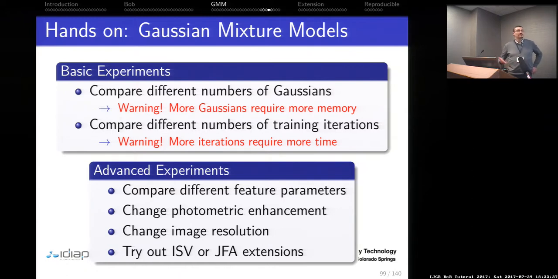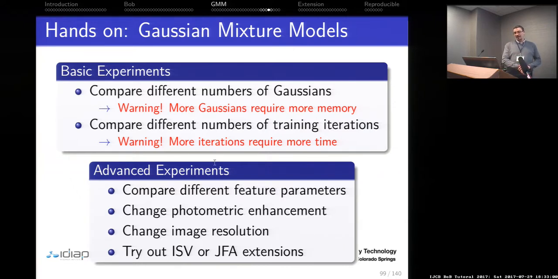And there are some basic experiments that I want you to do to play a little bit with the parameters. You compare a different number of Gaussians, and you compare different numbers of training iterations. With the warning that the more Gaussians you use, the more memory is required, and the more training iterations you use, the more time is required.